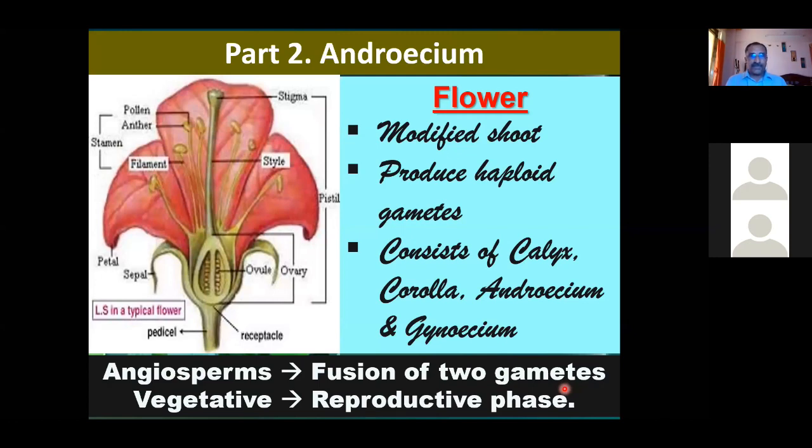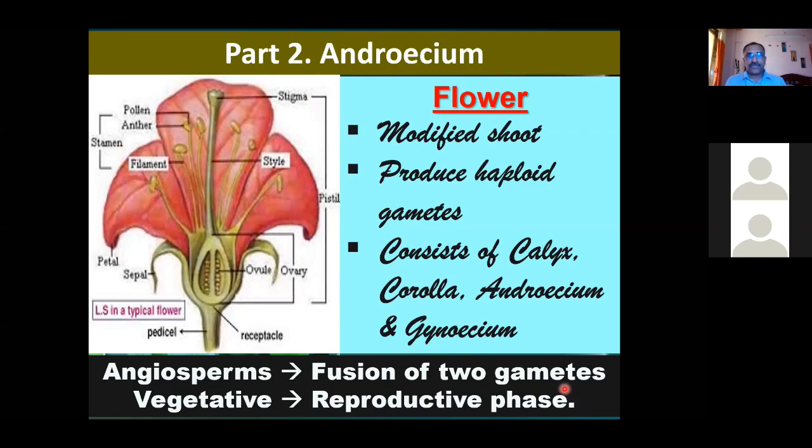Now if you look at angiosperms, in all sexually reproducing angiosperm plants there are two phases. One is known as the vegetative phase. Vegetative phase means the phase during which the growth of the vegetative parts takes place. The root is growing, the stem is growing, the leaves are growing, but flowering is not taking place.